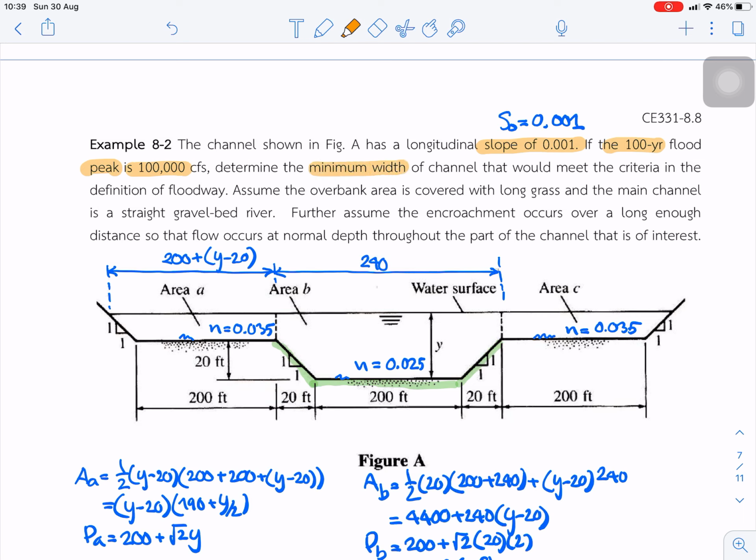Determine the minimum width of the channel that would meet the criteria in the definition of the floodway. Assume that the overbank area is covered with long grass and the main channel is a straight gravel bed river.